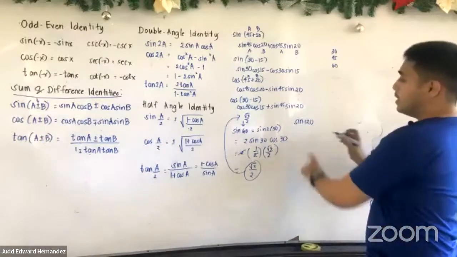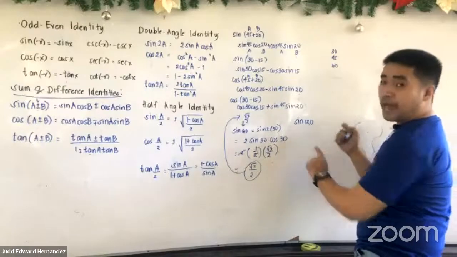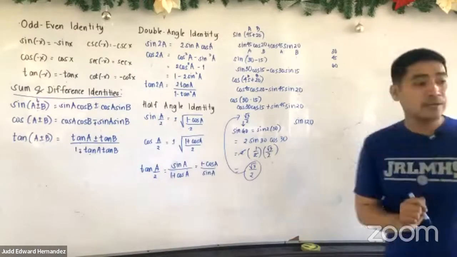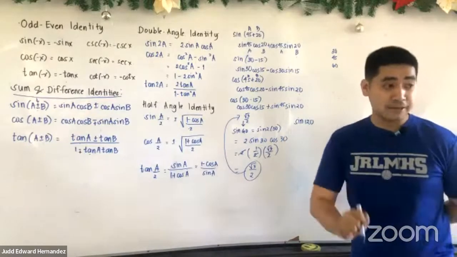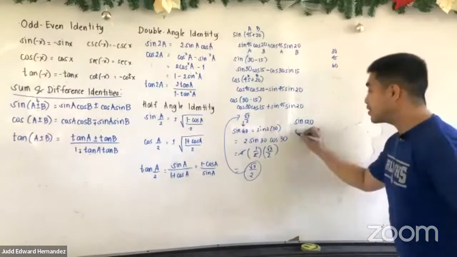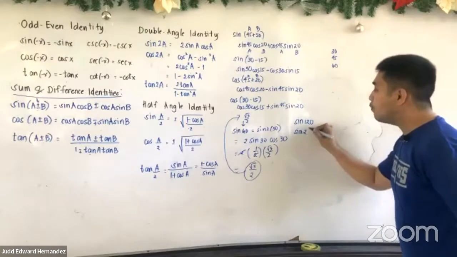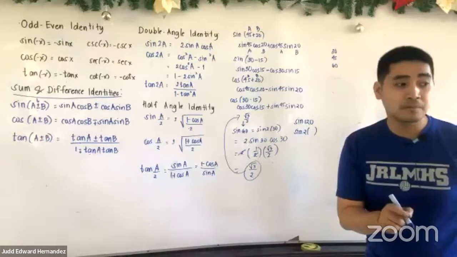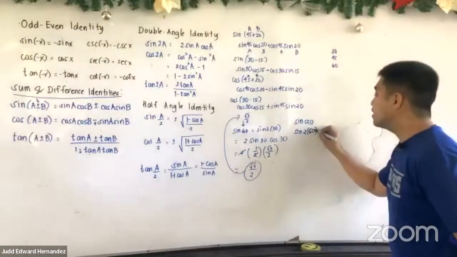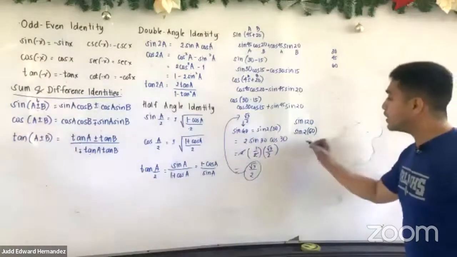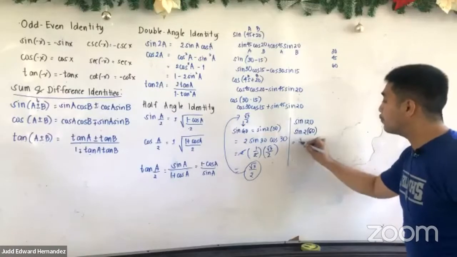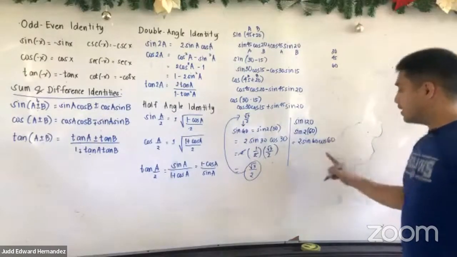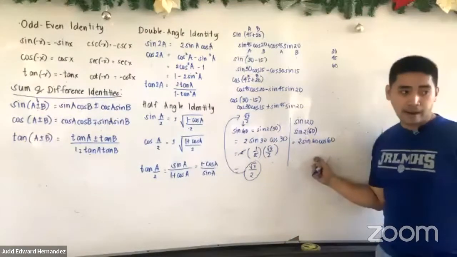If we are dealing with double angle, how do you write sin 120? It is equal to sine of twice of what angle? 60. Okay. Therefore, if we write this, it takes the form of 2 sine 60 cosine 60. Is this clear?